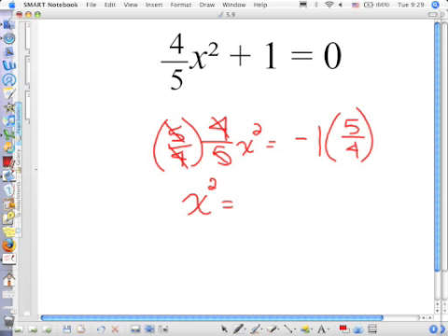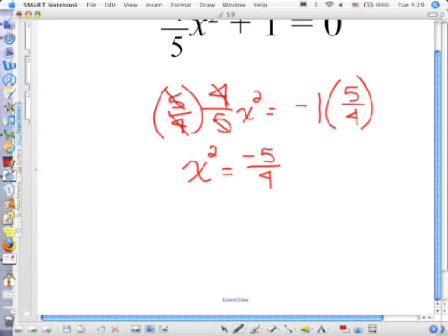Now on the other side we have negative 5 over 4. If we want to know what x is and x is being squared, Catherine, what would I do? Yes, I'm going to take the square root of both sides and automatically I'm going to say x equals plus or minus. There is an i.